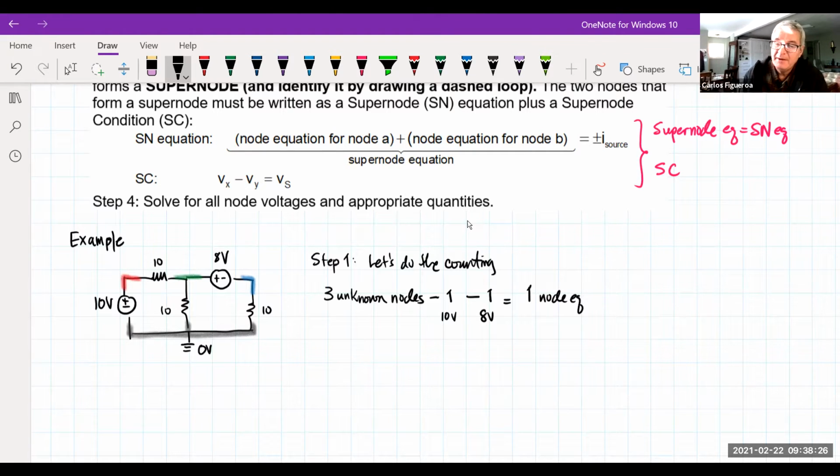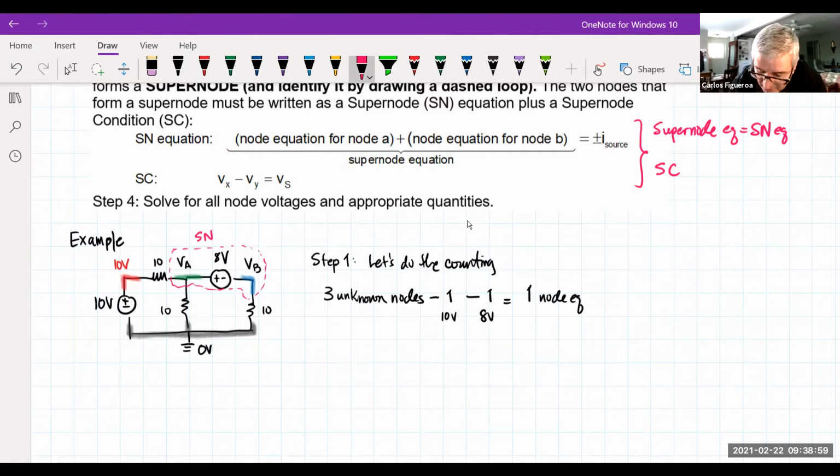So then I ask, because I have voltage sources, what do I know? Well, I know for a fact that this is 10 volts, as we talked about before. And then I labeled this VA and this VB. And we see that this guy here is connecting nodes A and B. So this forms our supernode right here.